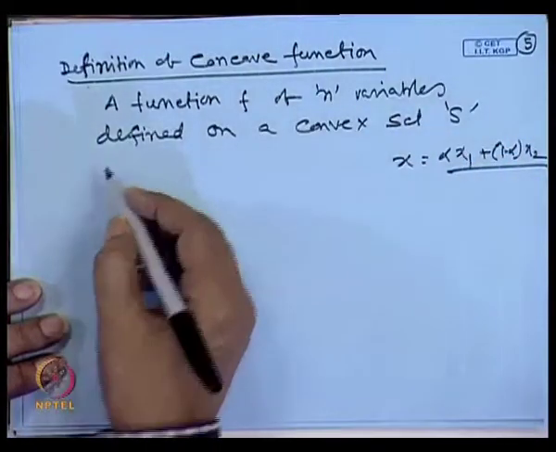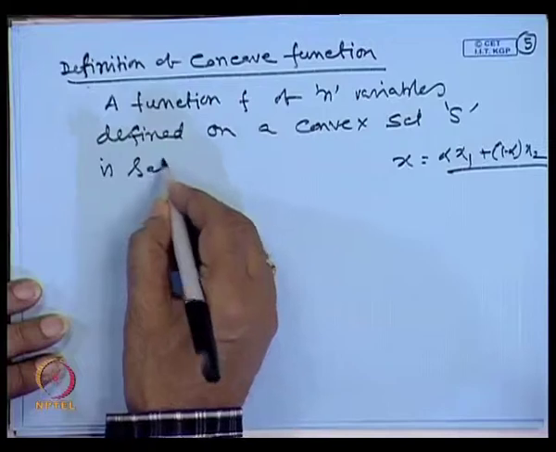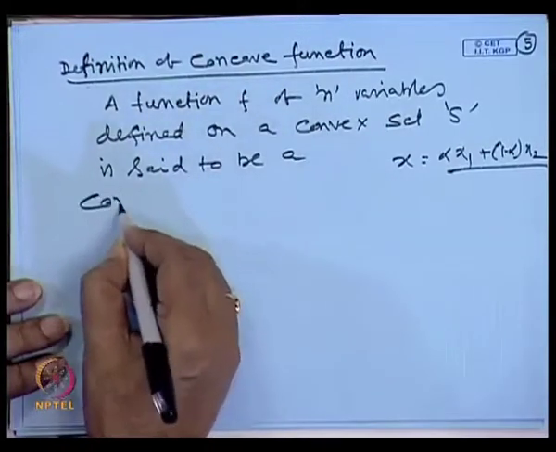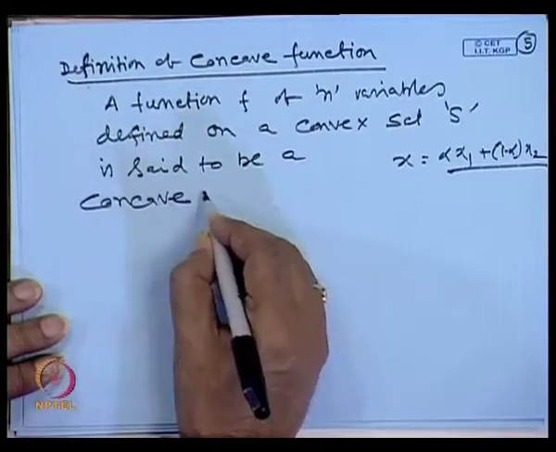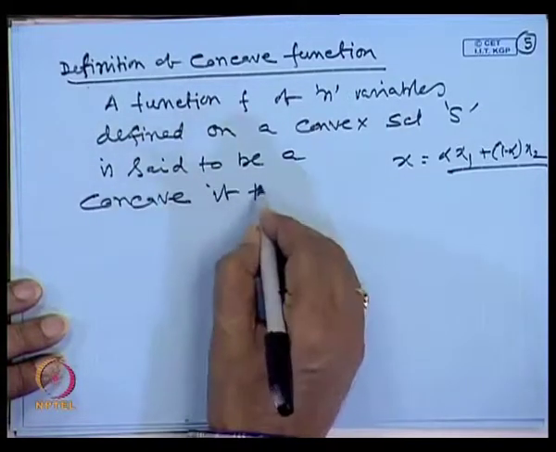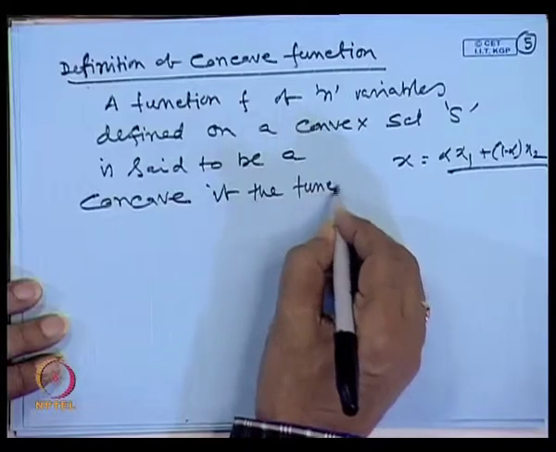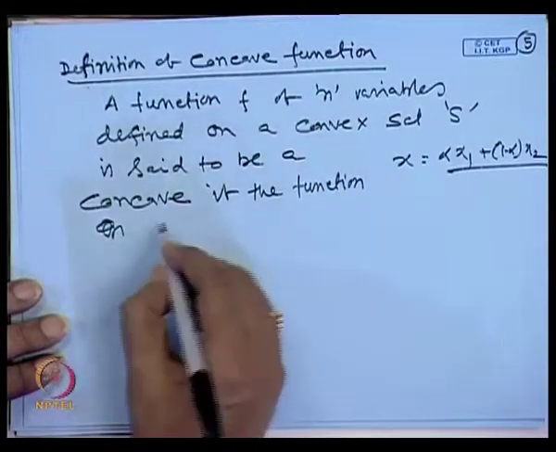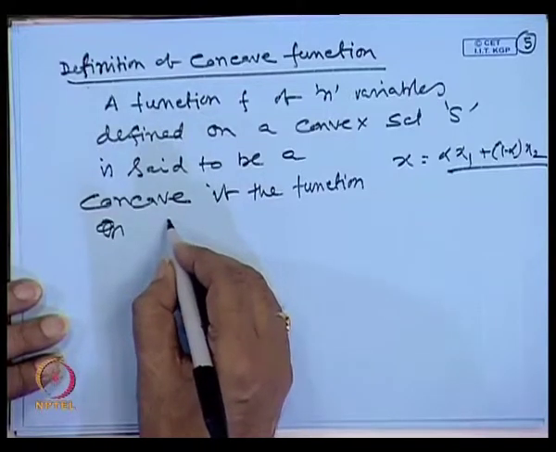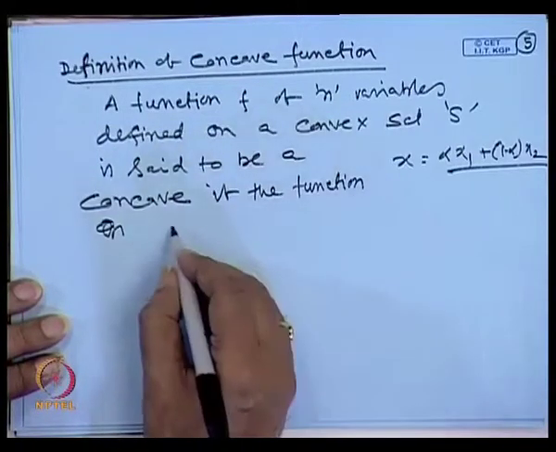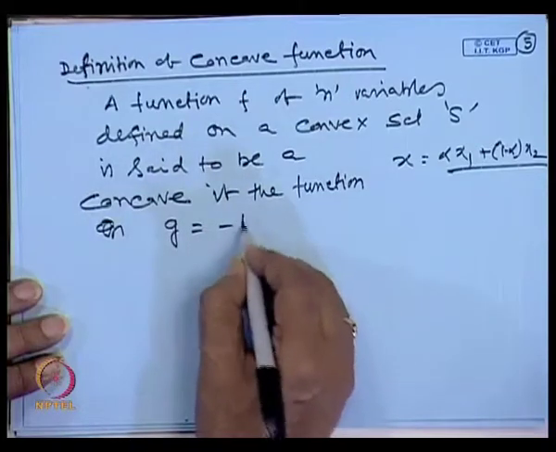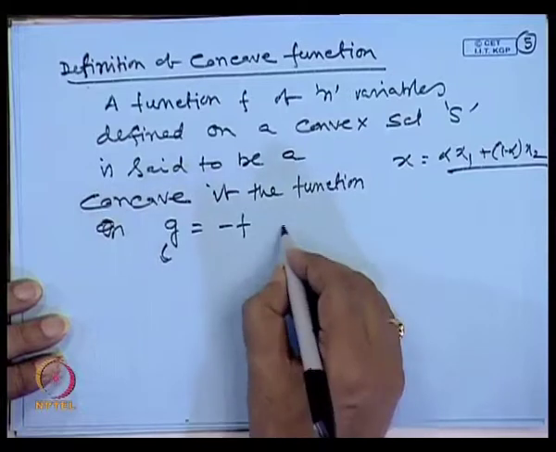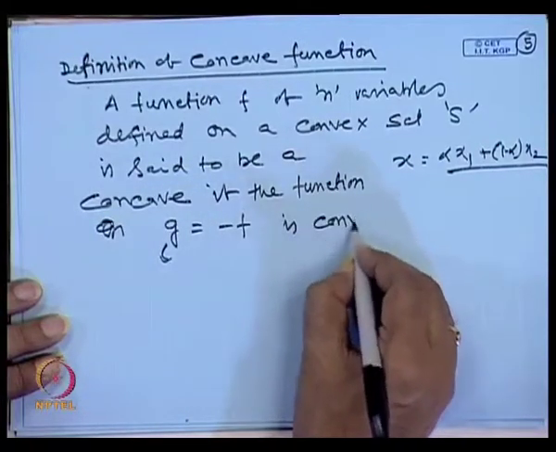The function f in the set S is said to be concave if the function g, that is f multiplied by minus 1, is convex.